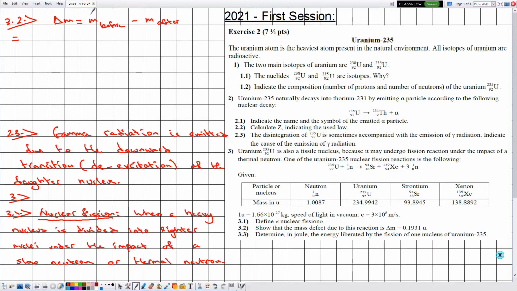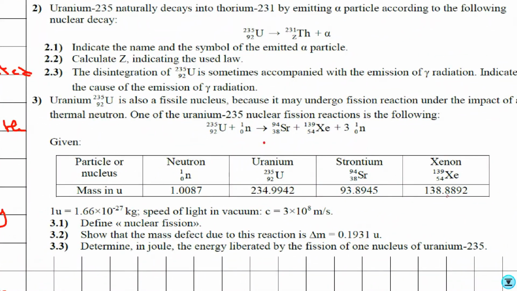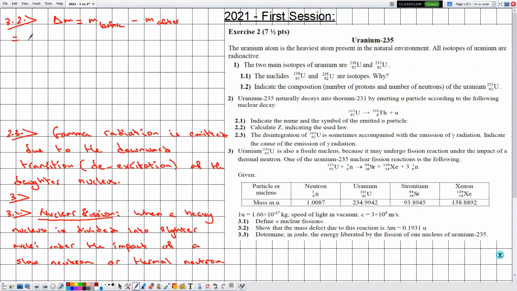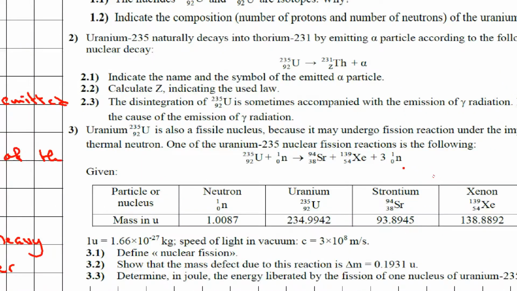So mass before represents the mass of the nuclei and the particles before the decay, which are these. Then let me say it's given by the mass of uranium 235-92 plus the mass of a single neutron minus the mass after the decay has happened and given by these.